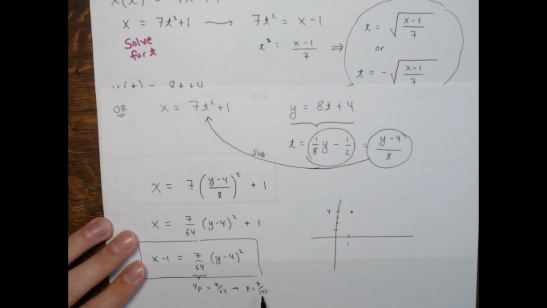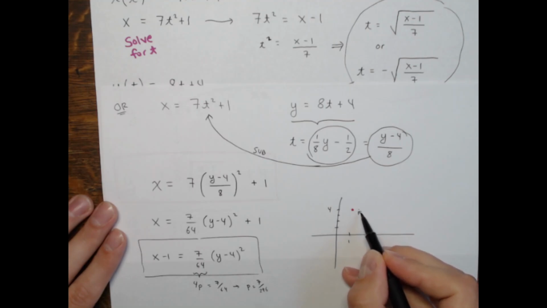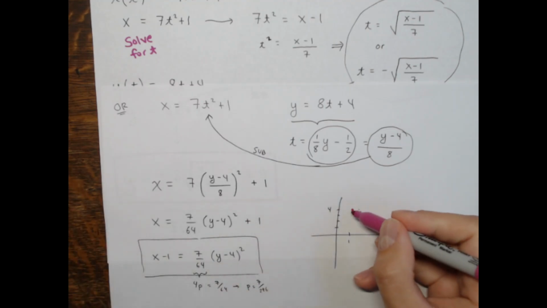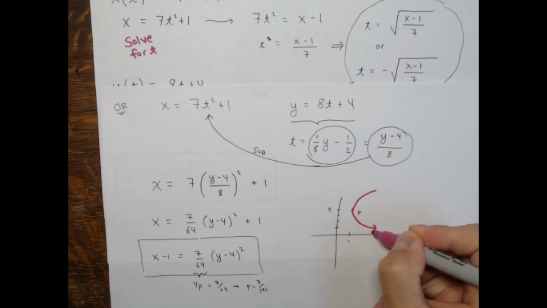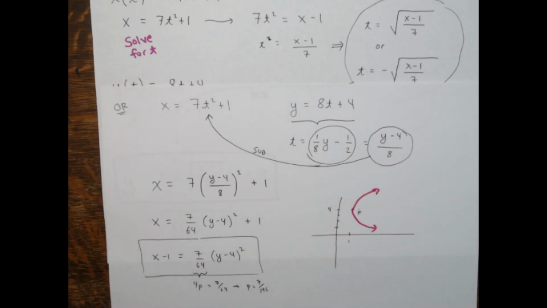So we're very, very wide. The focus is very close, and it's positive here, so it's to the right. So there's the focus, and the parabola is going to be opening to the right around the focus, something like this, right? So my pink curve here, some parabola opening to the right.